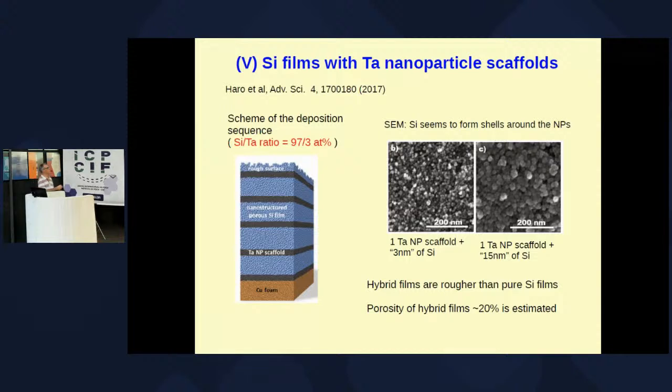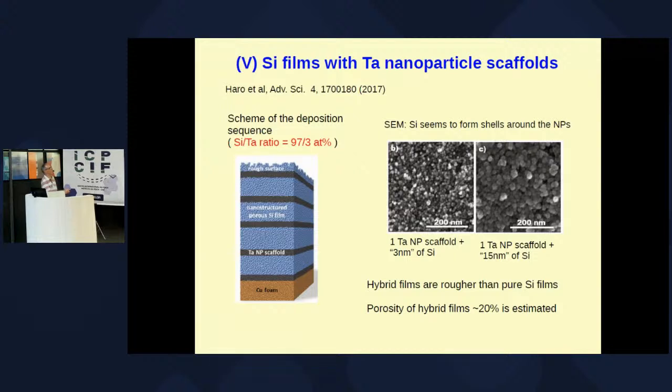And with scanning electron microscopy, what they see is the initial formation of shells around the nanoparticles by the silicon. This is one scaffold, one full layer of tantalum nanoparticles, and nominal 3 nanometers of silicon. So the silicon surrounds those nanoparticles.